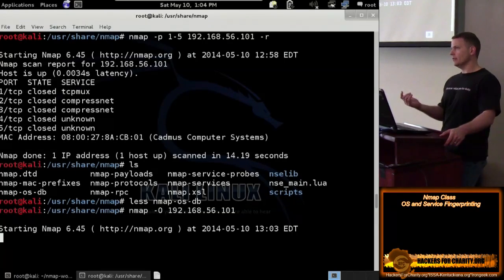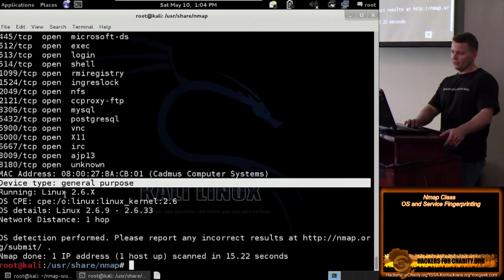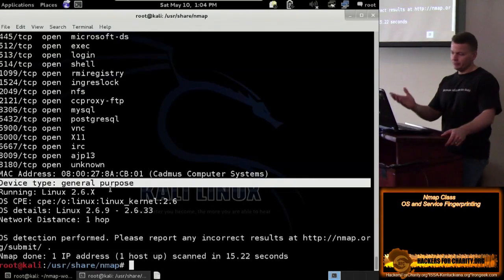So in the background, Nmap is going to make note of one of those ports that's open that we found earlier, and then also one of those 977 ports that was closed that we saw earlier. And it'll use a couple of those to do the fingerprinting. And the fingerprint comes back as a general purpose device running Linux 2.6.X.